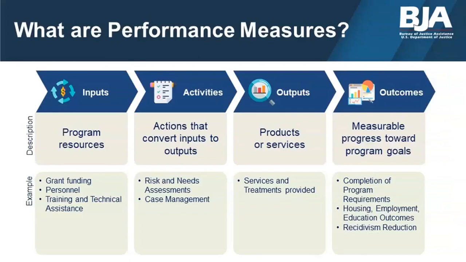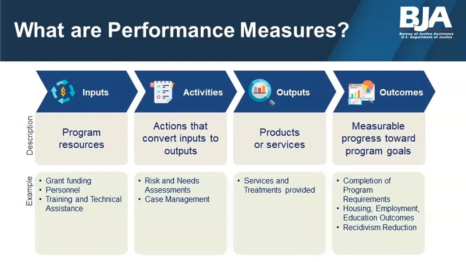A large part of today's webinar is focused on the actual questions in PMT. But before diving into that, in a nutshell, performance measures aim to capture the following: inputs, which refer to program resources. Activities, which turn inputs into outputs, such as the number of people served.